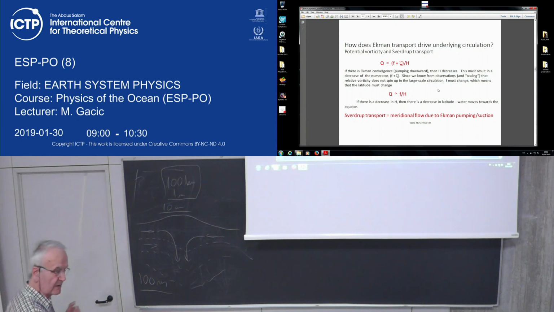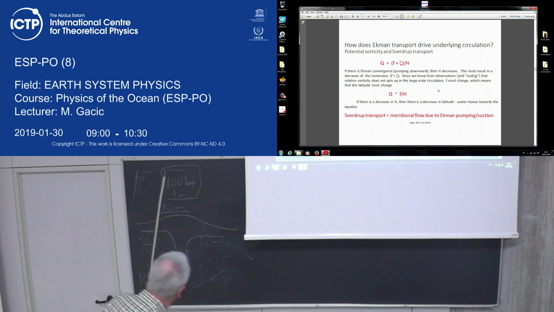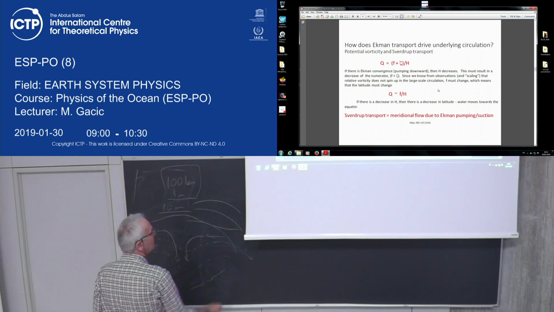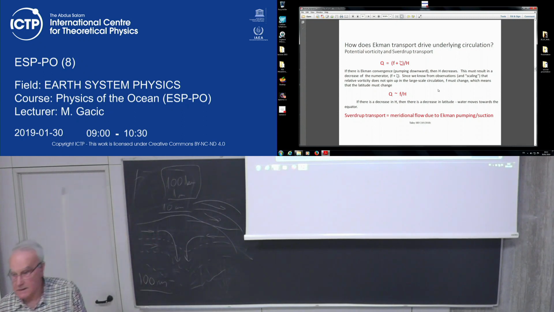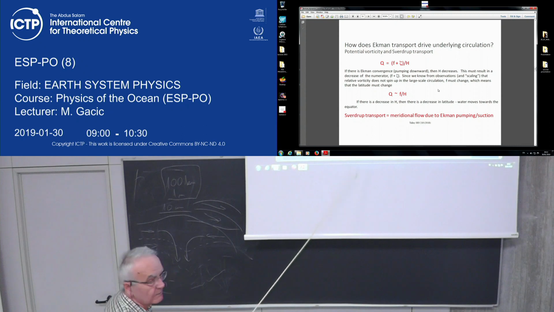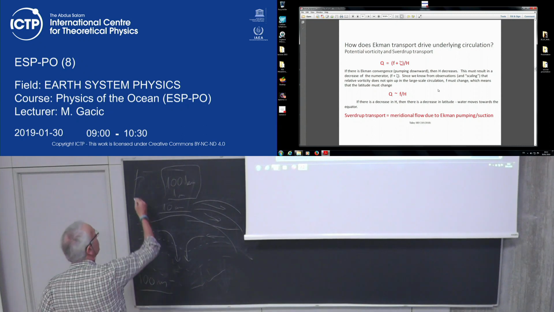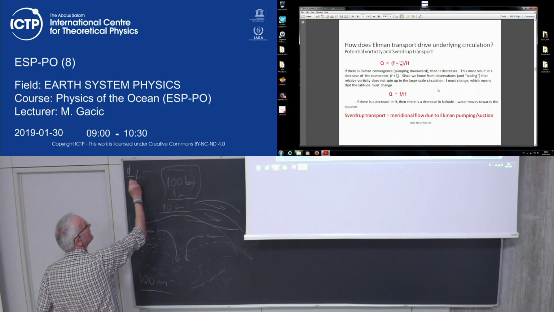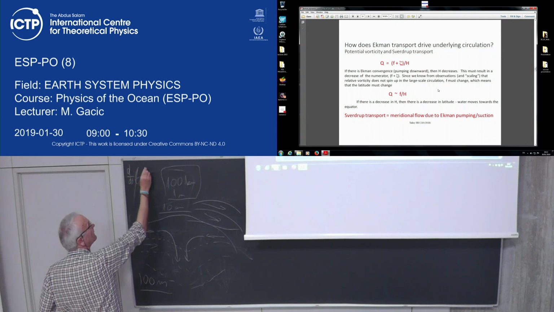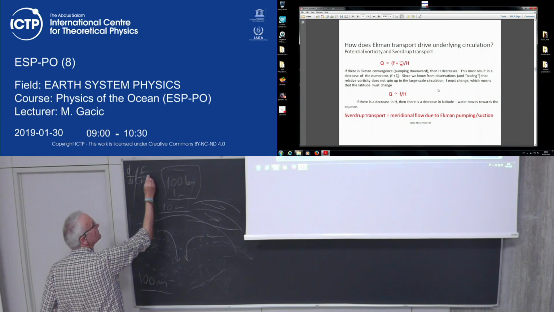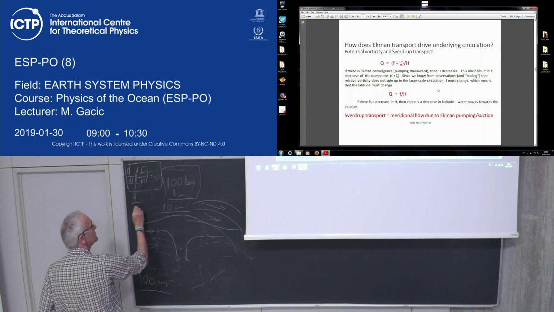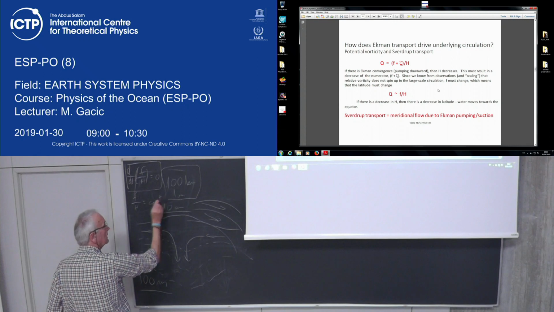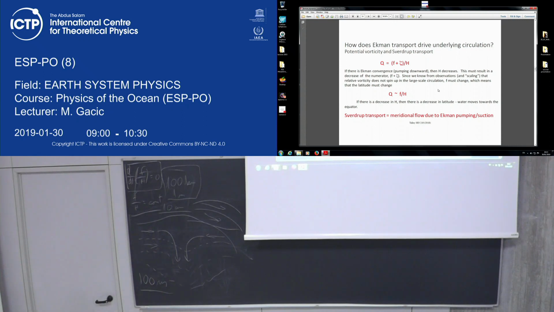So if you plot simply the f over h isolines, you know that your flow will go parallel to these lines, because f over h has to be conserved. So because of the expression that d/dt of f over h is equal to 0, or f over h is constant along the lines where the flow goes.